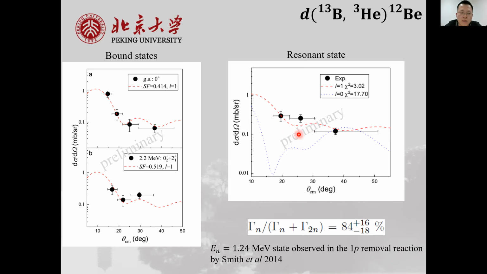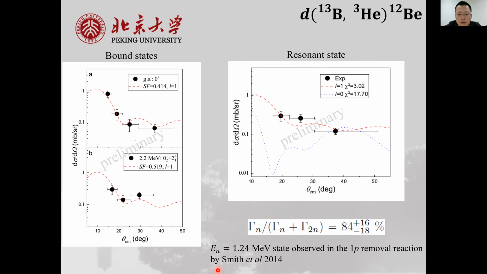This is consistent with the experimental result of the one proton removal reaction. The L equal 0 proton transfer, the blue line, can be ruled out because the shape of the L equal 0 curve is inconsistent with the experimental angular distribution. This means the state populated by an L equals 1 proton transfer from the ground state of boron 13 should be a positive parity state.